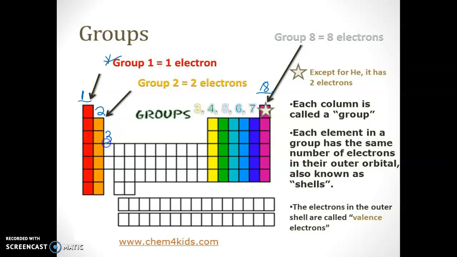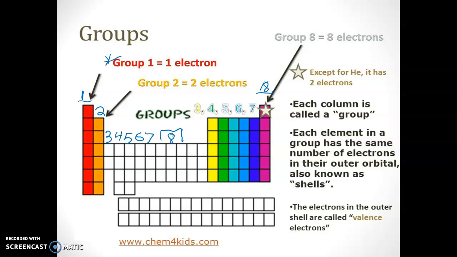I would have 3, 4, 5, 6, 7 valence electrons, and then things get a little weird. These next 3 groups would actually only have 8 valence electrons. So each group here would actually have the same outer valence shell electron possibilities.